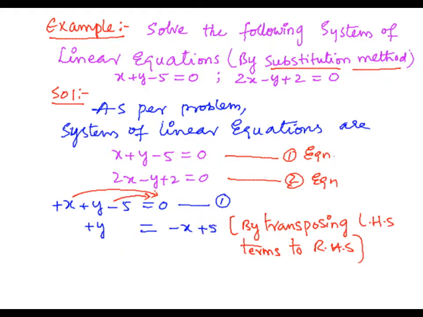It can also be written as y equals 5 minus x, since 5 is positive and x is negative. I wanted the positive one, that is 5, in the beginning, then x with its negative sign, so I write it as minus x. So, y equals 5 minus x. I want to assume this equation, y equals 5 minus x, as the third equation.